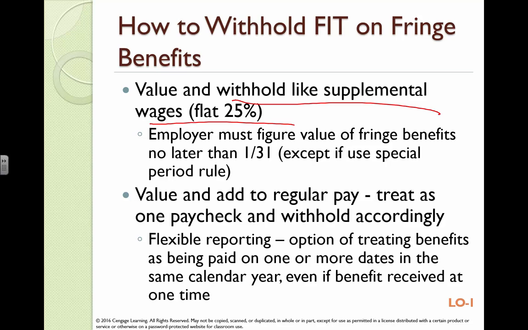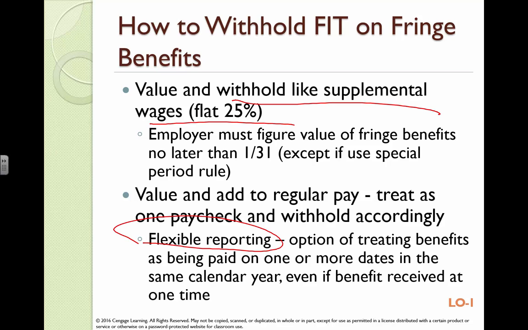Or you can say, I'm going to take the value of that country club membership and add it to my regular paycheck and then go to the tables and look up the federal income tax based on that bigger amount. But I'm not going to put $70,000 all on one paycheck. So you can split it up. You can be as flexible as you want.